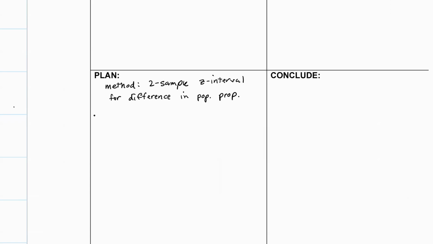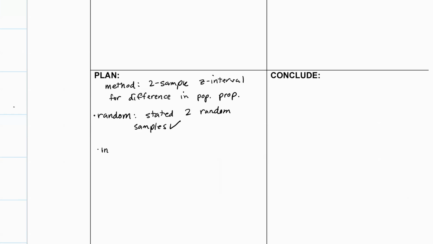Our first condition is random. And we say it is stated that we have two random samples. Give ourselves a check mark for those two random samples.